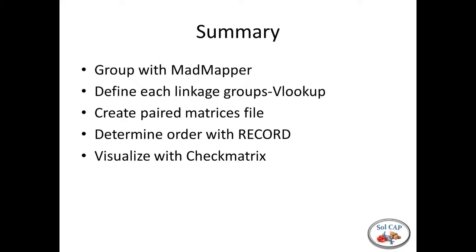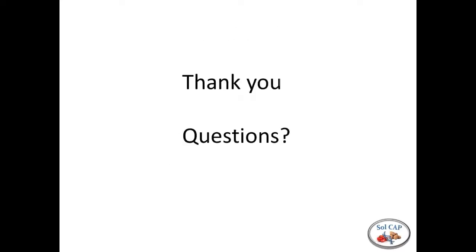The DOS version, you have to get the genetic distance by importing into JoinMap. And then we've shown you how you can really look at your ultra-dense genetic maps, and really troubleshoot them and really refine them. And with that, I'm happy to take questions.